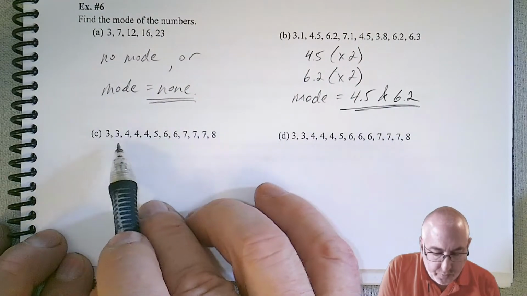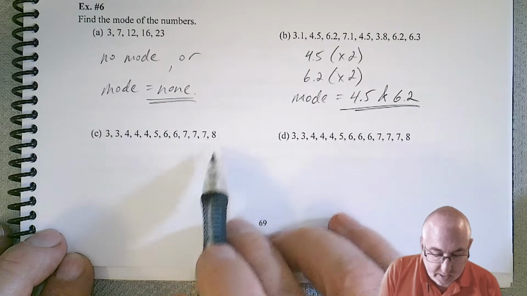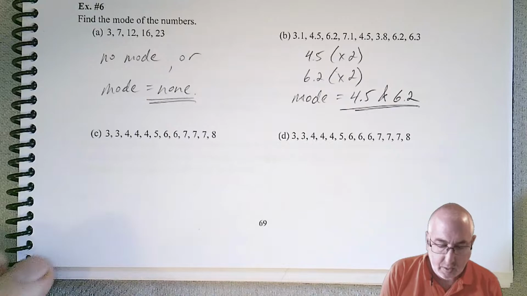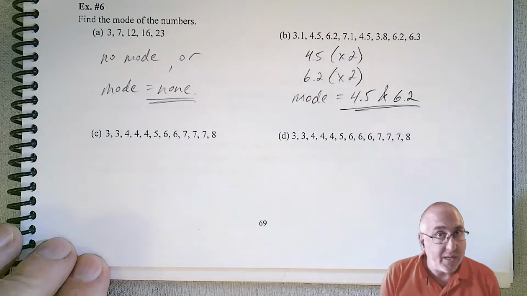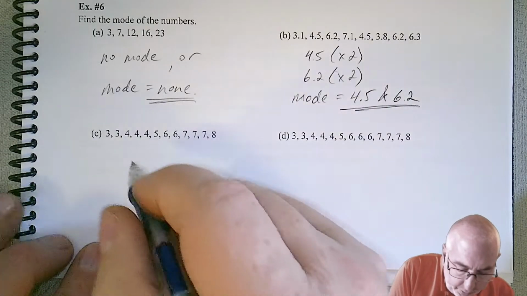So we got 3, 3, 4, 4, 4, 5, 6, 6, 7, 7, 7, 8. What do you think for this one? We got repetition. Let's account for all the repetition, even though we know it's probably not the winner.